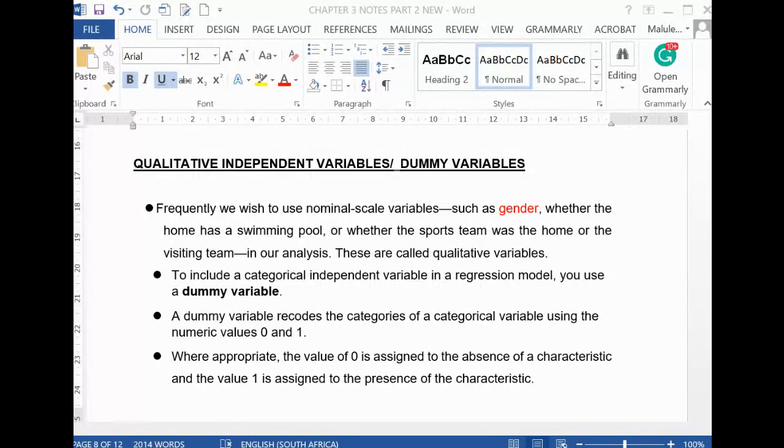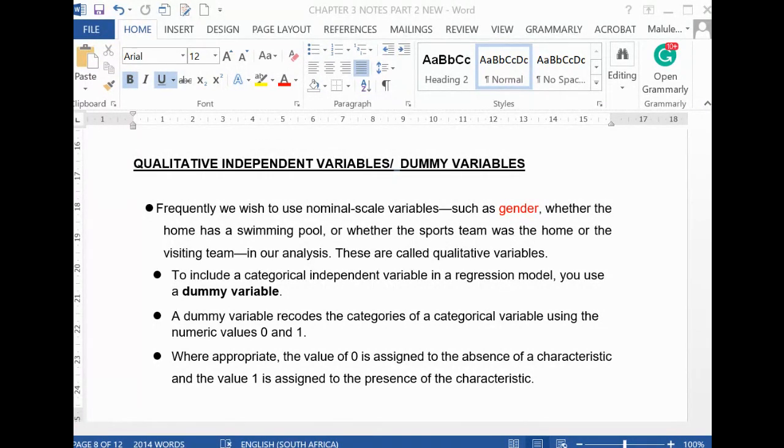The way you have assigned the dummies is very, very important, because whenever you're interpreting your betas, we will need what you have assigned 1 to.